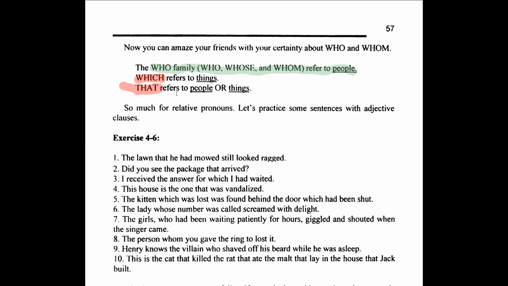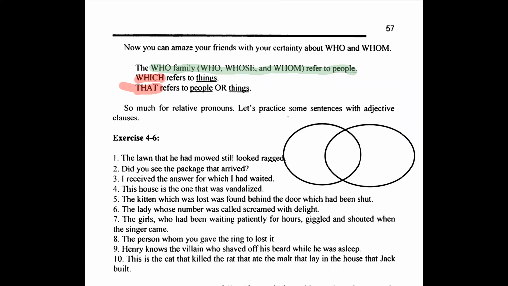So pretty simple, right? Who stands alone. You can make a Venn diagram of this. In fact, we can do it very simply here. You have people on the one hand, and then you have things on the other. Someone could get smart and say, "Well, aren't people things?" Yeah, people are things, but we're distinguishing between people and any other thing.